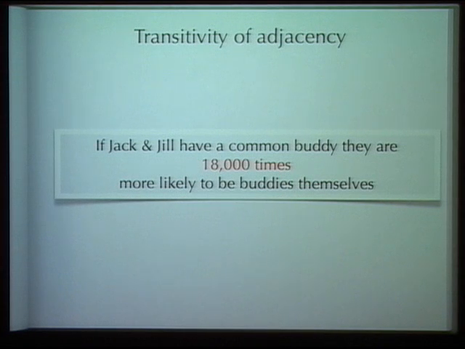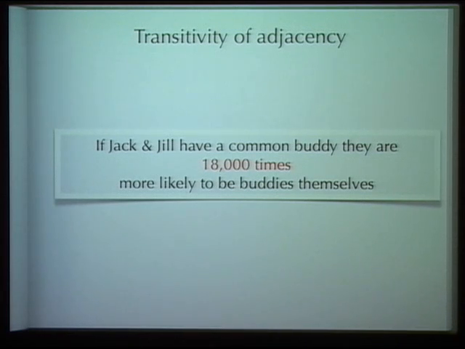Perhaps the most dramatic departure of this graph from the Erdos-Renyi model is that if 2 people have a common buddy, then they were about 18,000 times more likely to be buddies themselves. So there is a tremendous amount of transitivity of adjacency.